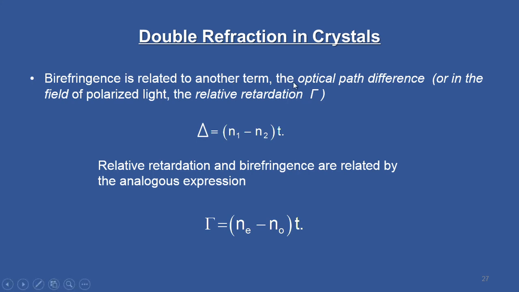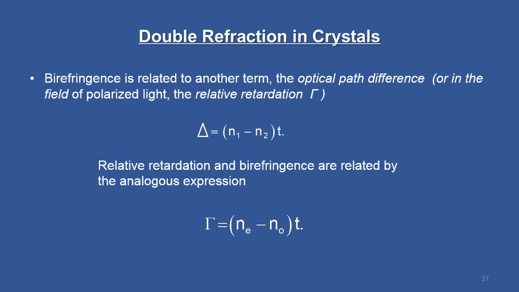Birefringence is related to another term, the optical path difference, or in the field of polarized light, the relative retardation. Optical path difference and relative retardation are similar terms, but relative retardation is used in the polarized light scheme.